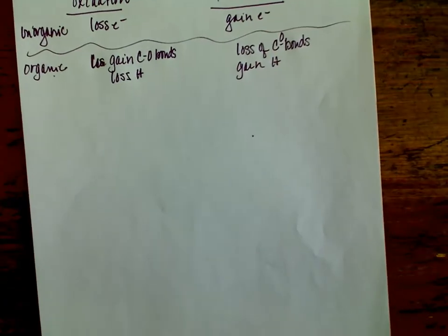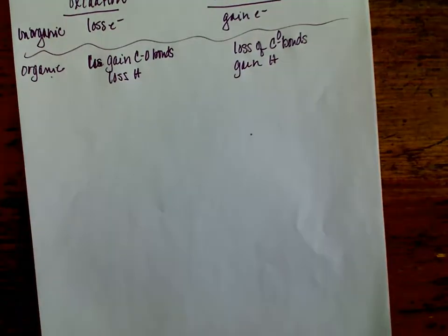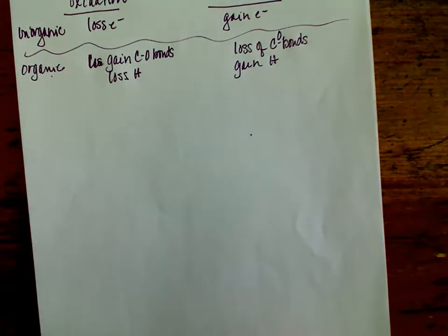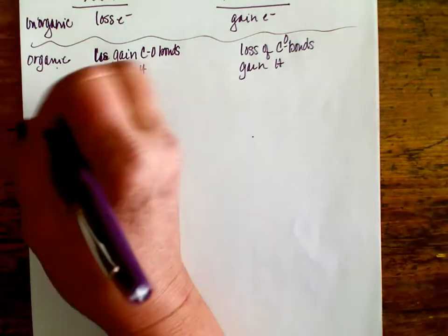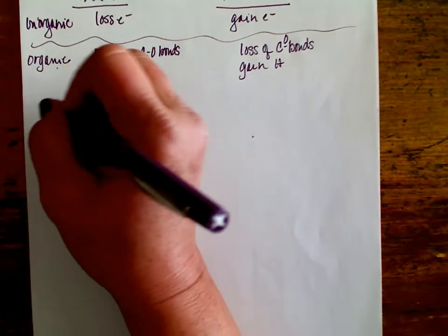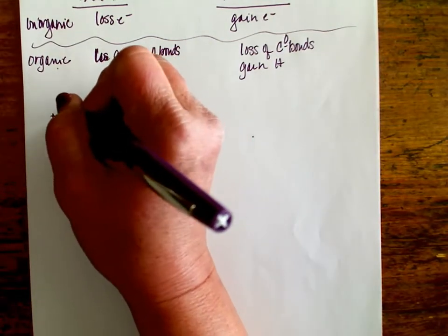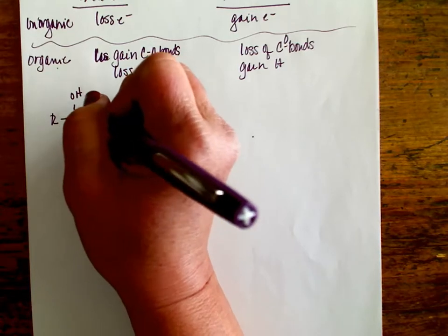So, we're going to start with alcohols, although we can oxidize beginning with an alkane. But we're going to start with a primary alcohol because most of the biological molecules are not going to be alkanes.